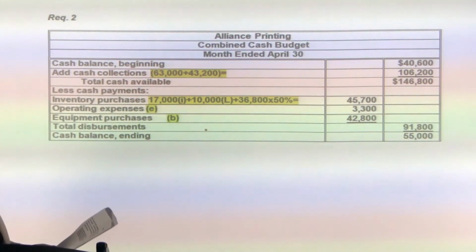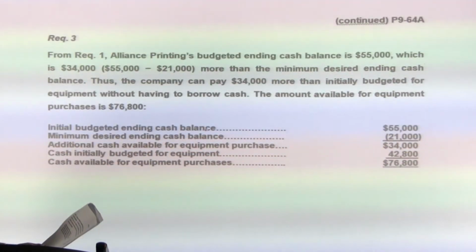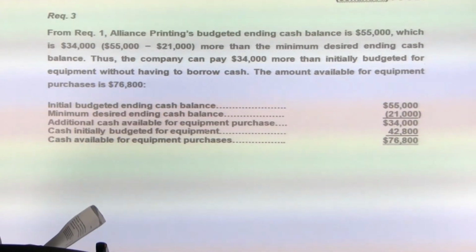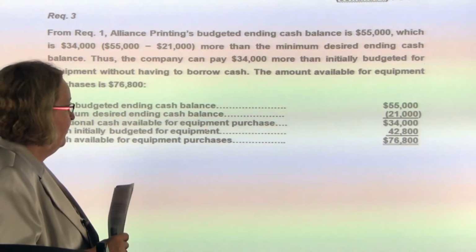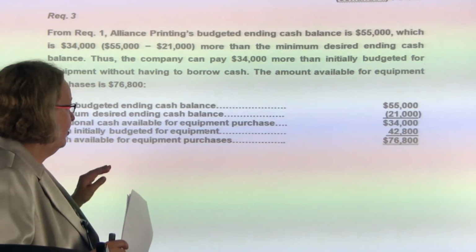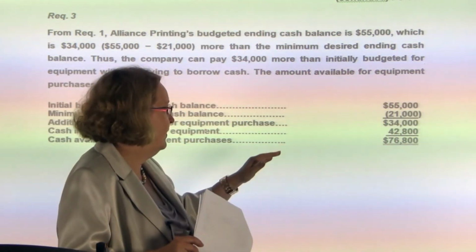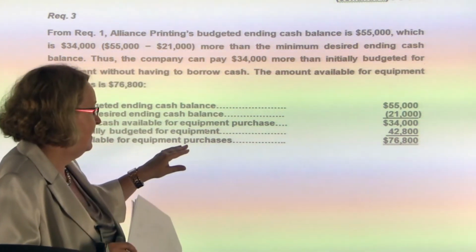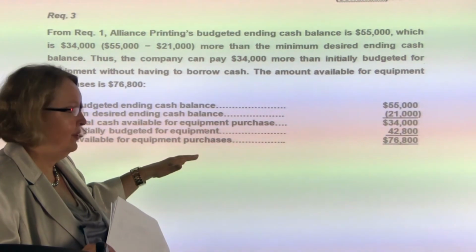So here for part 3, what we're looking at is our budgeted cash balance is 55,000, but now they're saying your minimum required cash, the minimum they want, is 21,000. So what this means is you now have some additional cash available to purchase the equipment.